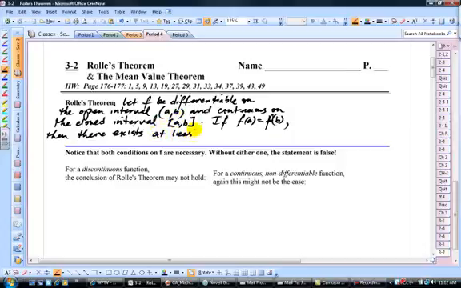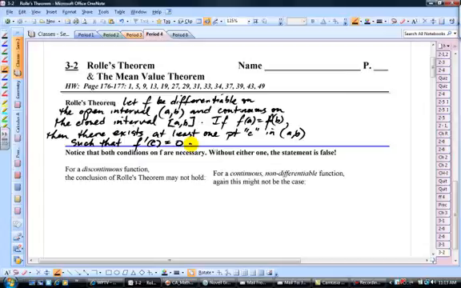Now what does that mean? At least means one or more. At least one value c, or one point c, we'll call it just c in general, in the open interval from a to b, so it has to be inside there. And we're going to have to check that in the problem. It has to be inside the interval from a to b, such that f prime of c is equal to 0.